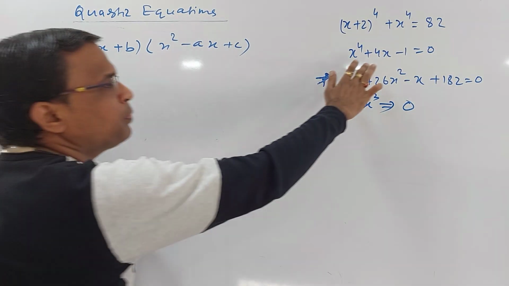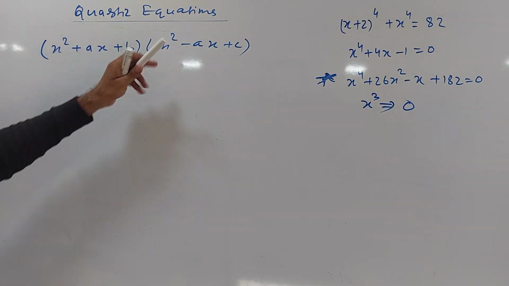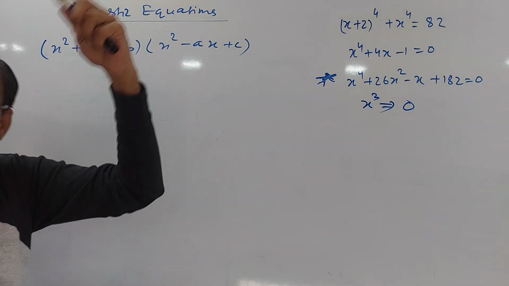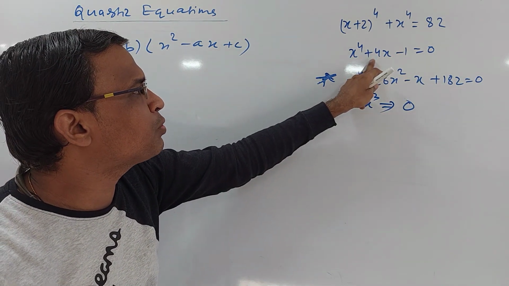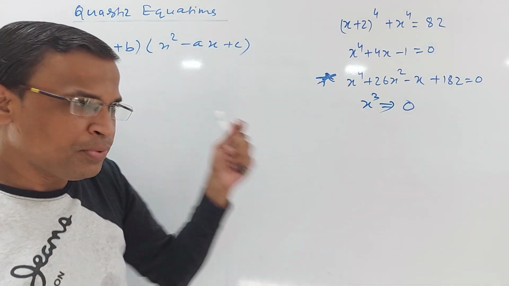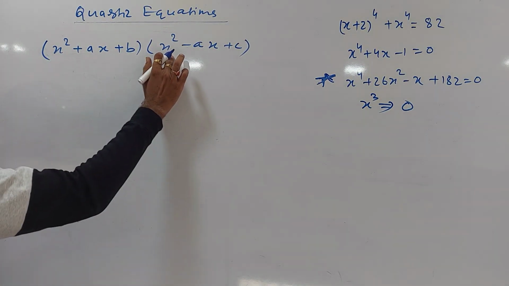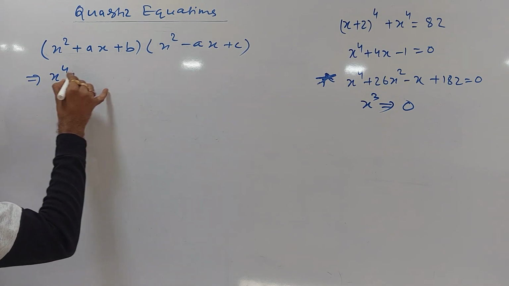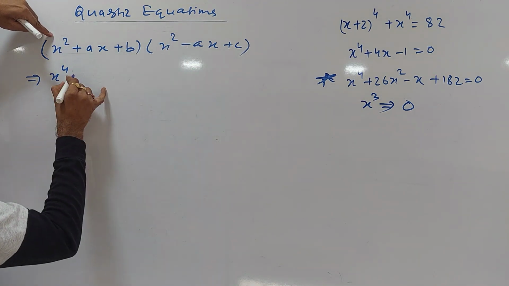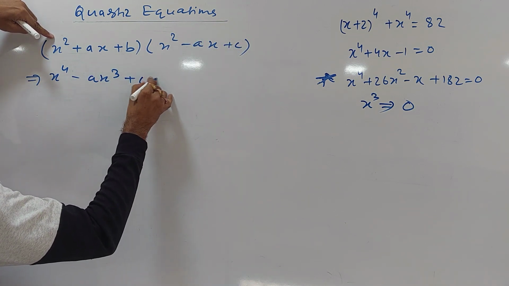Here we took a slightly different case. Now I will expand it. Let us see, are we getting an x cube term? Here also you can think in some random way that there is no x cube term, there is no x square term. So can you take some other approach? One approach I told you. Now just check it with this question. If I do the individual multiplication, it will give me x power 4, then minus ax cube, then plus cx square.